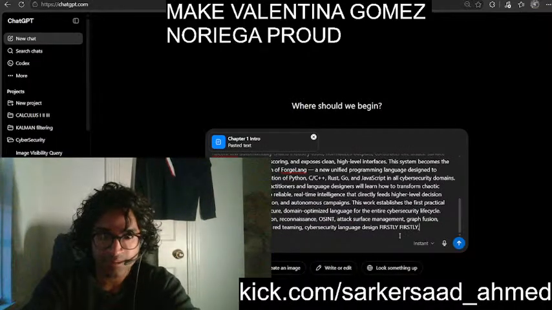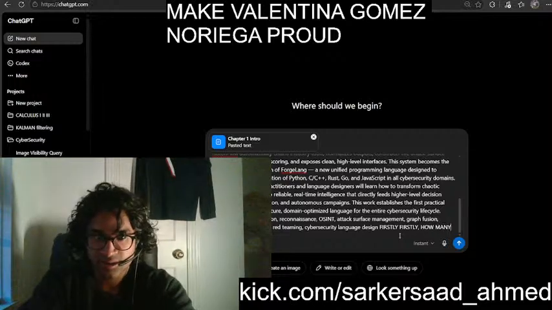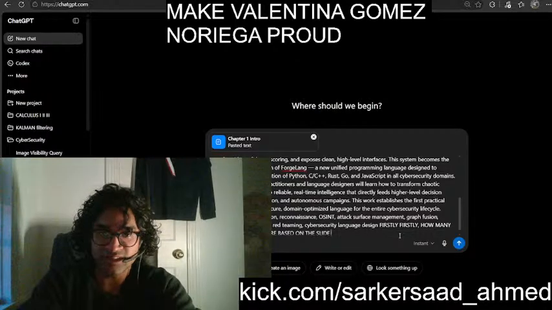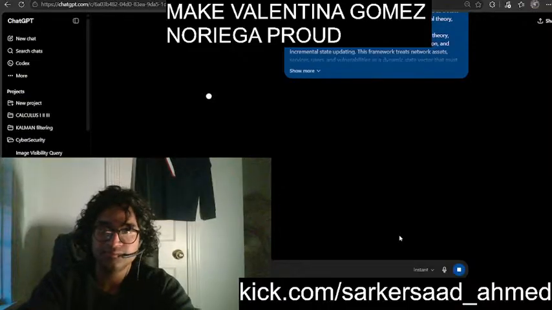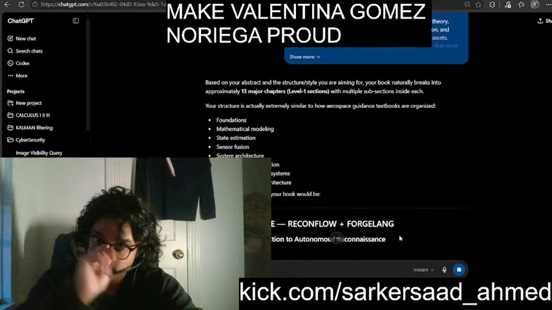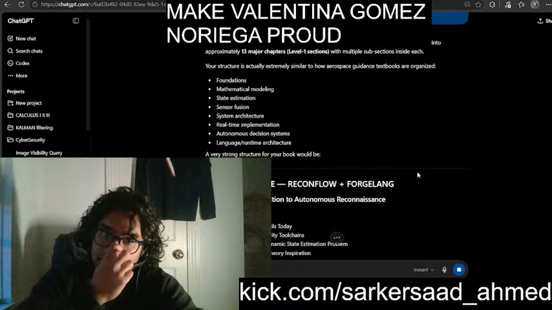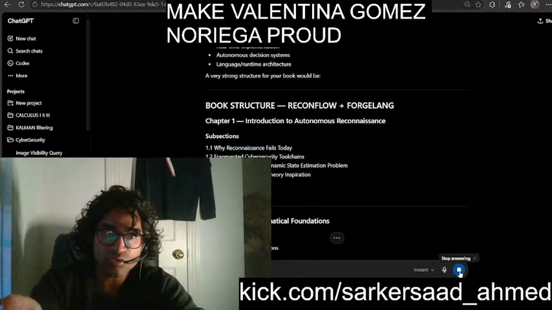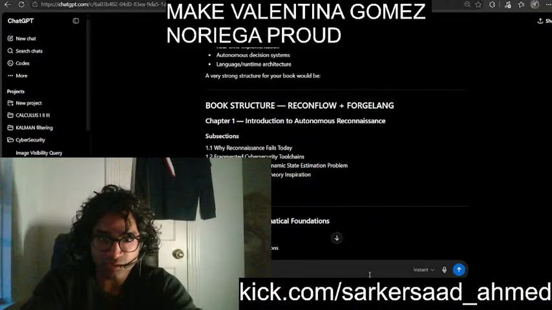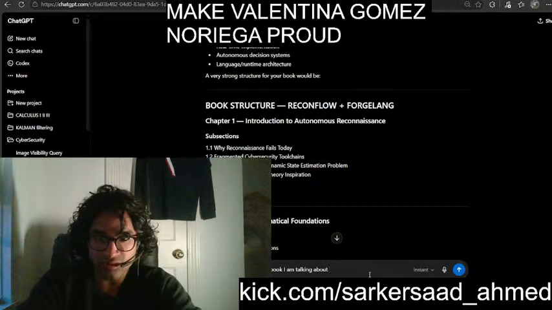Firstly, how many subsections are there based on the slide numbers and slide chapter? I'm not talking about the book though, right? I'm not talking about the book. I am talking about this.